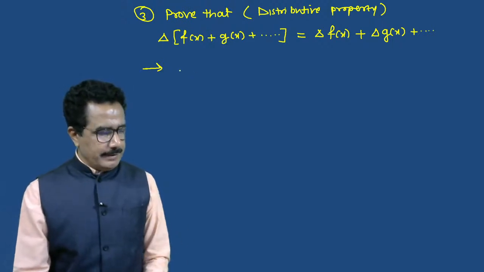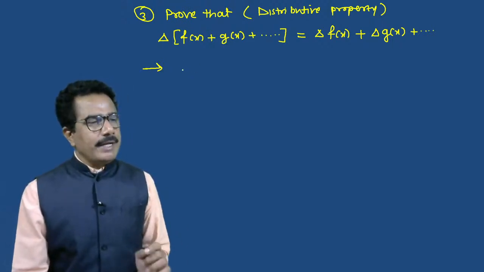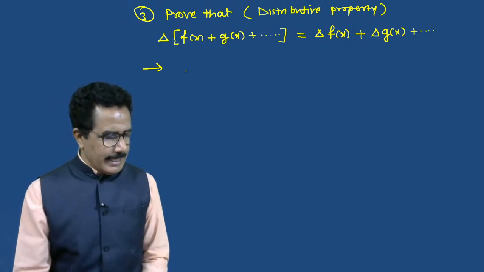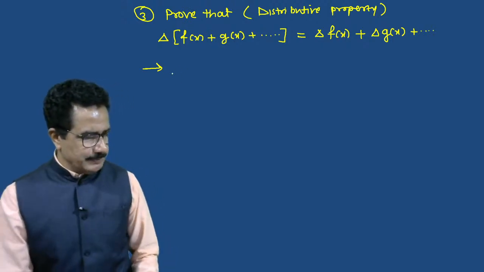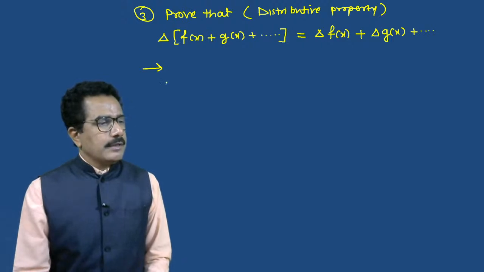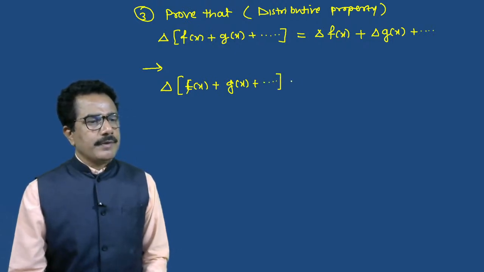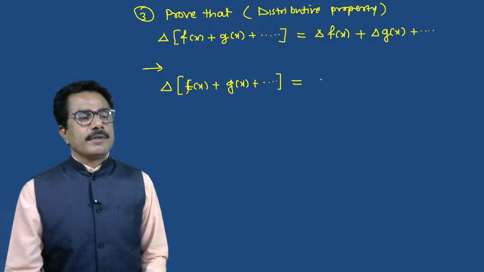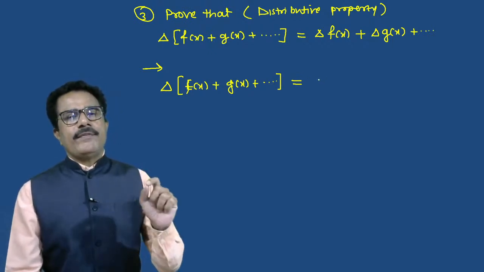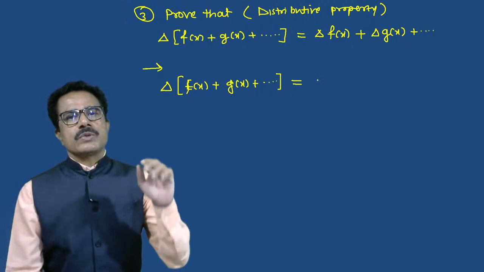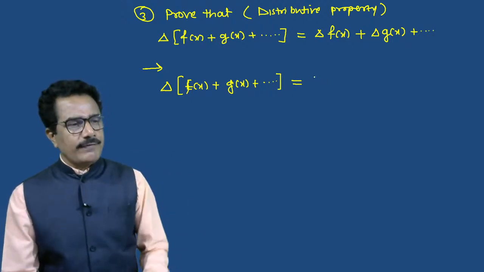Here we shall take the LHS, or left hand side, that is delta of f of x plus g of x plus dot dot dot. How to define this? We know that delta f of x is equal to f of x plus h minus f of x.